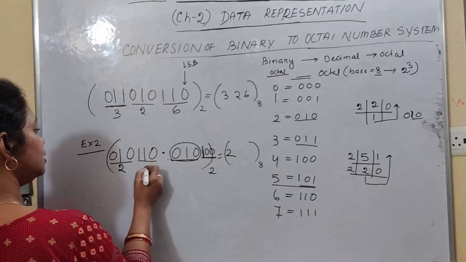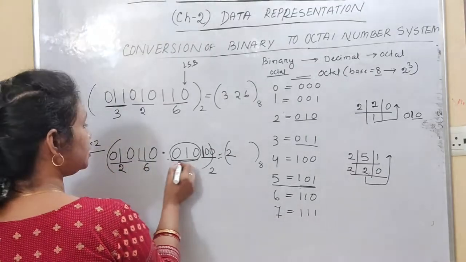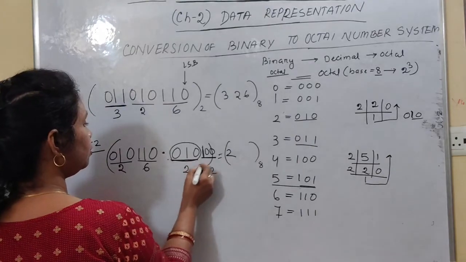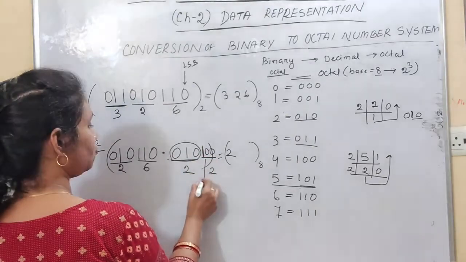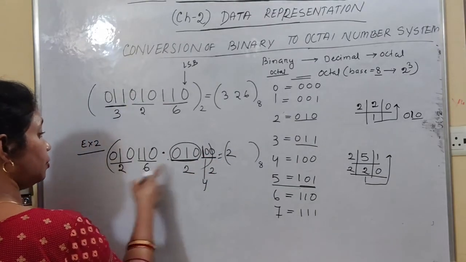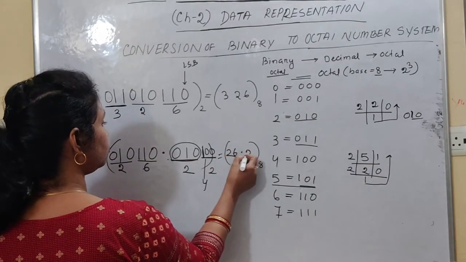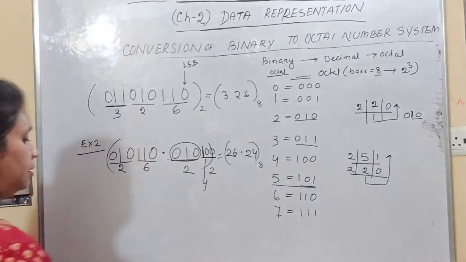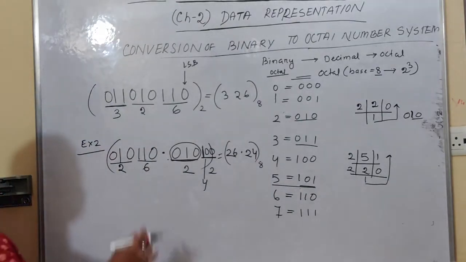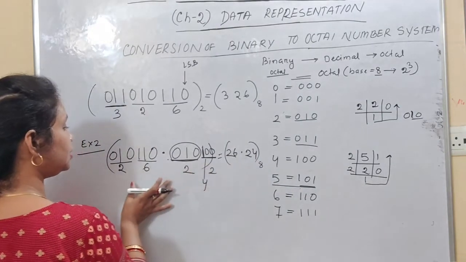This is 110, your 6. This is 010, again 2. This is 100, your 4. So the octal representation of this binary number is 26.24.